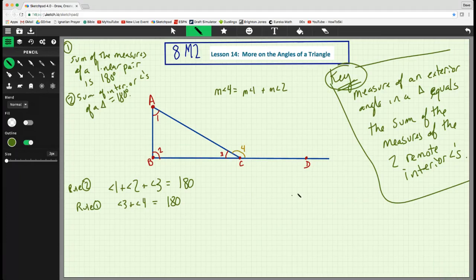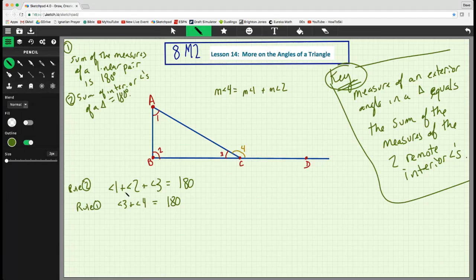Now, I encourage you, if you're a deep thinker, to think about what we can do next to prove that the measure of angle 1 plus the measure of angle 2 equals the measure of angle 4. And really, these should have measures in front, but I don't write those in because it gets cumbersome.